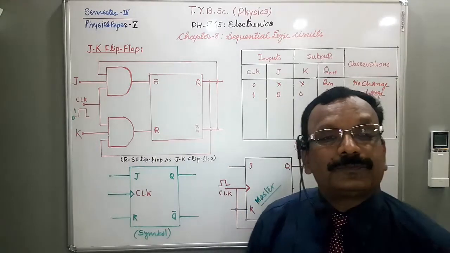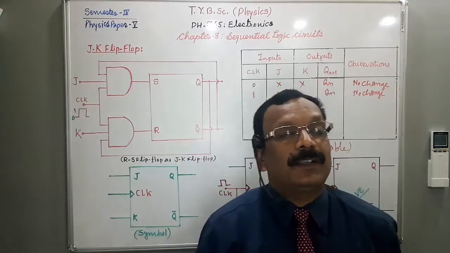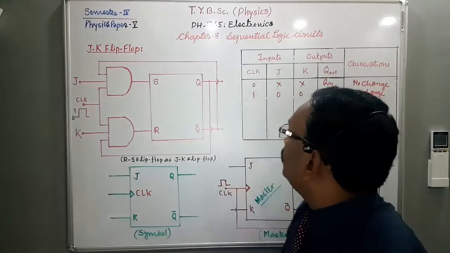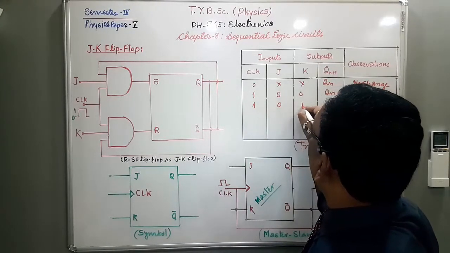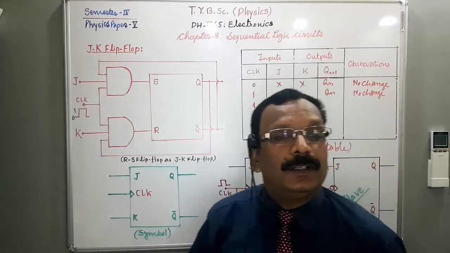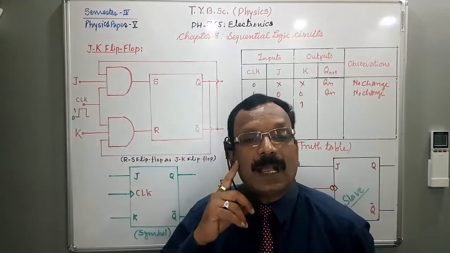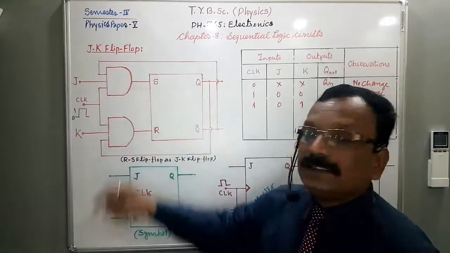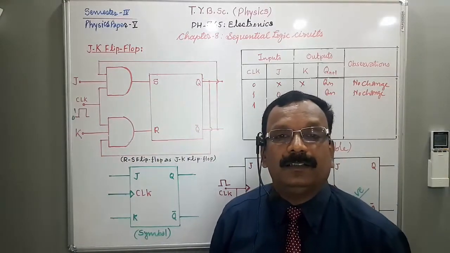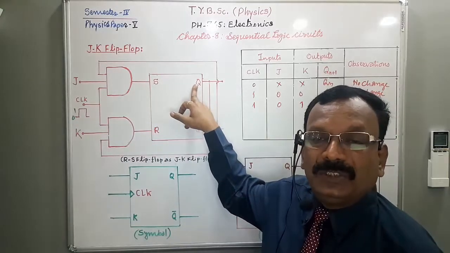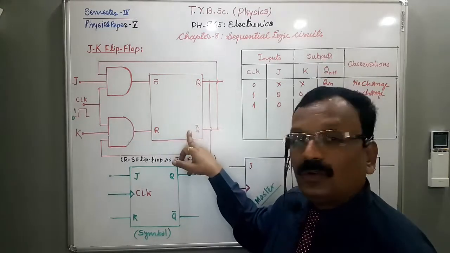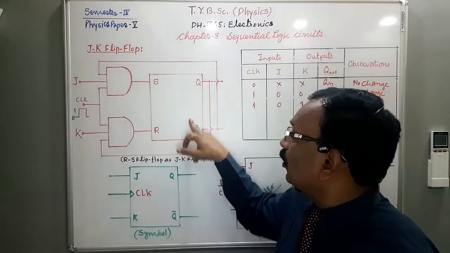Okay, now next stage, when J is equal to 0 and K is equal to 1 with clock pulse high. In this condition, the upper AND gate is disabled. And when the upper gate is disabled, obviously Q is equal to 0 and Q bar is equal to 1, because this is the complement of this.